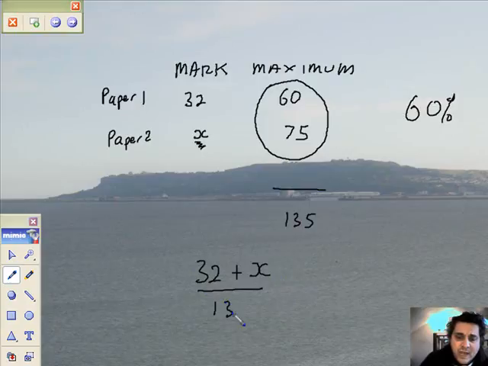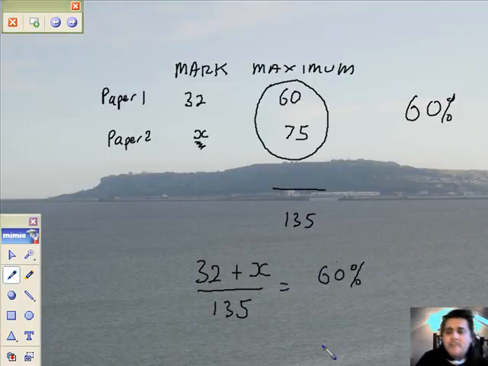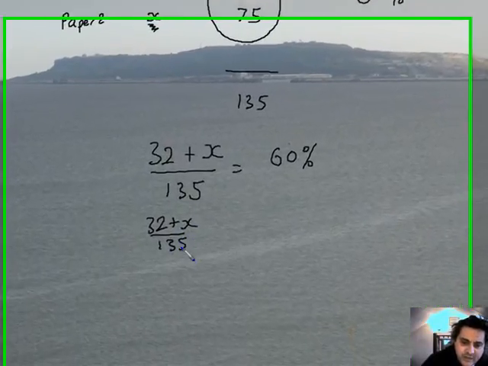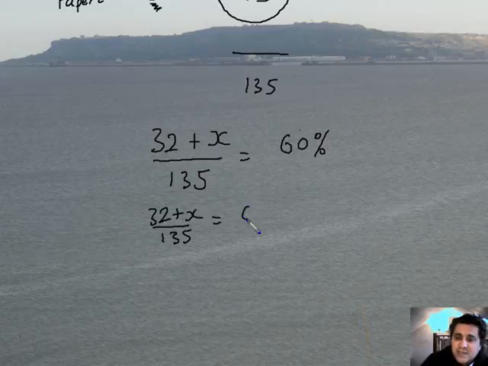When you divide by 135, that will lead to 60%. So we want to find a number which when you add to 32 and divide by 135 you get 60%. Let's take it one stage further. 32 plus something divided by 135 equals, well, 60% is called 0.6.